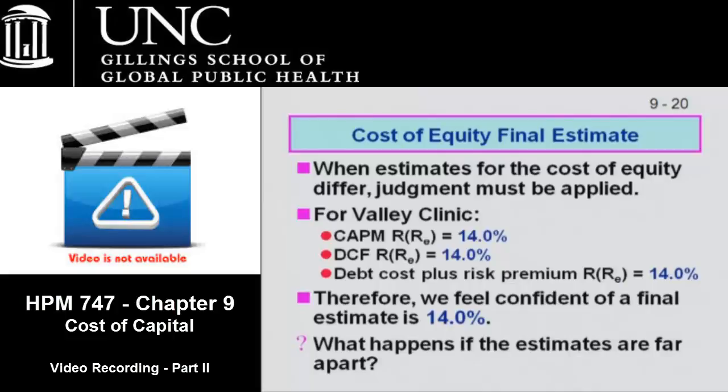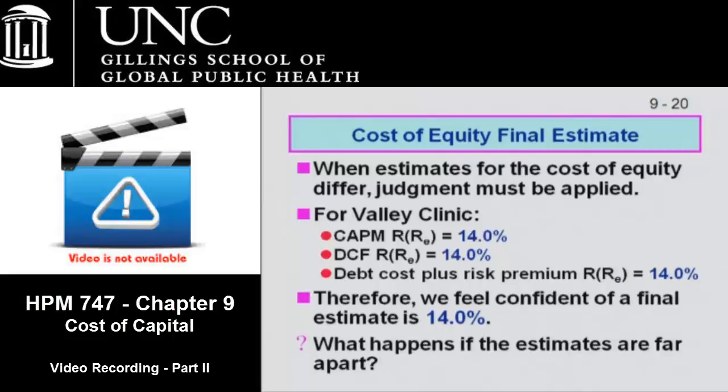We've got three methods there, CAPM, DCF, and debt cost. Can anyone think of which one of those models would not be relevant if I don't pay dividends? The DCF model. You cannot use the DCF model if you don't pay dividends, because that's what the model is based on. So for non-dividend paying companies, they're going to be forced to use CAPM or the debt cost plus risk premium method.